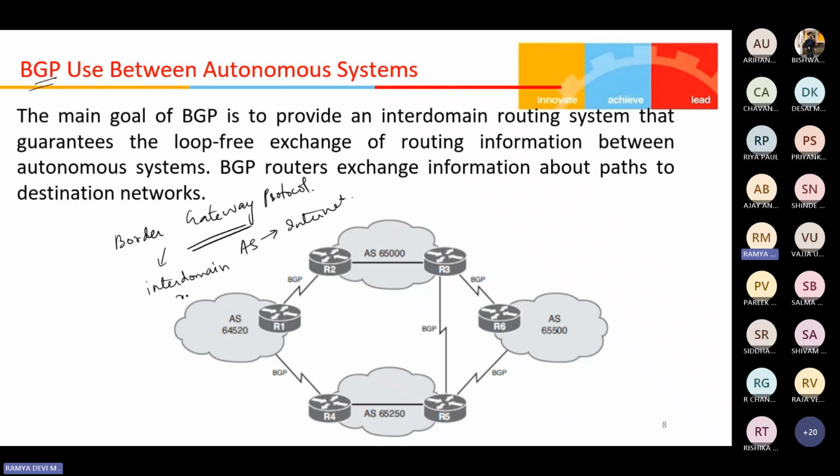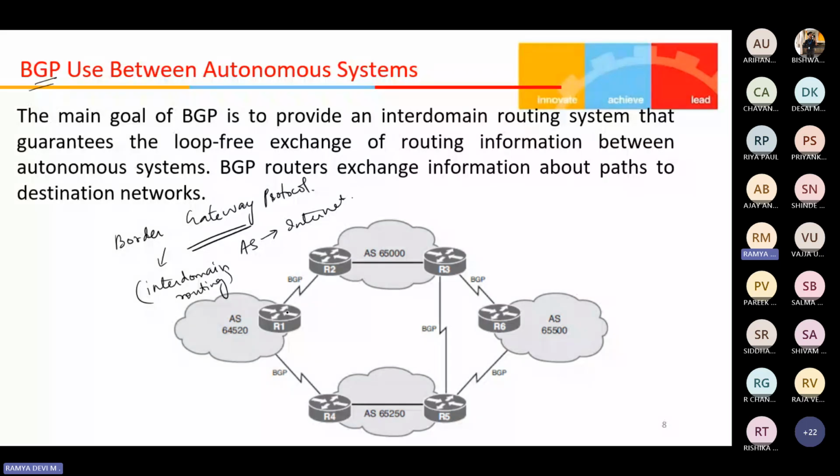So sharing the routing updates in the inter-domain routing. So within the autonomous system, it is called as intra-domain routing. So from one autonomous system to another autonomous system, it is called as inter-domain routing. So BGP is used to share the routing updates between the autonomous systems, that is inter-domain routing.